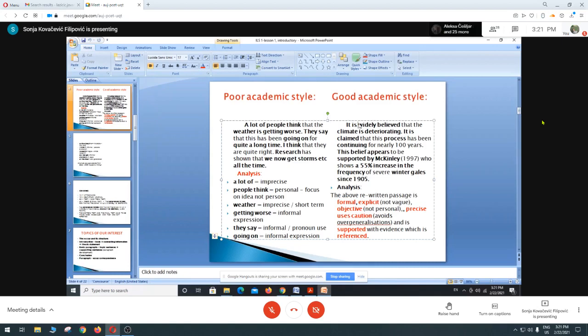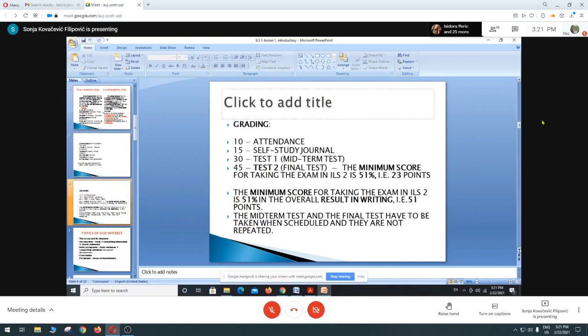It shows a 55% increase in the frequency of severe, not just storms, but exactly what types of storms? Winter gales, and we have the period of time specified: since 1905. Okay, we have to be punctual, specific, and formal when writing essays in this course, and in general, when writing at an academic level.